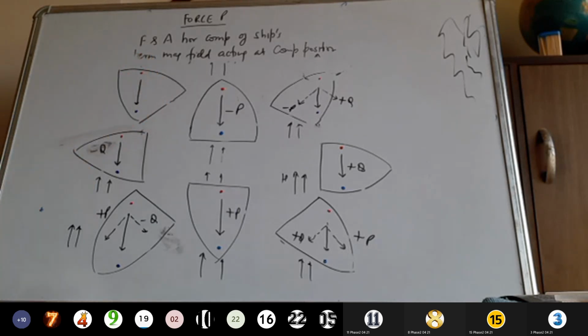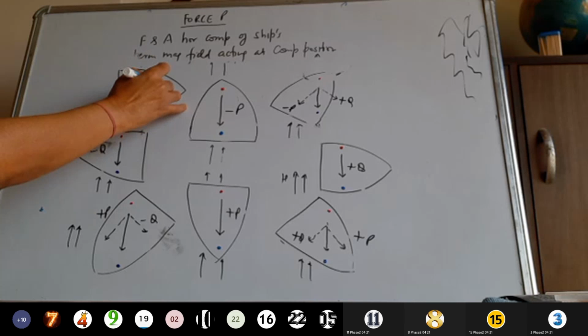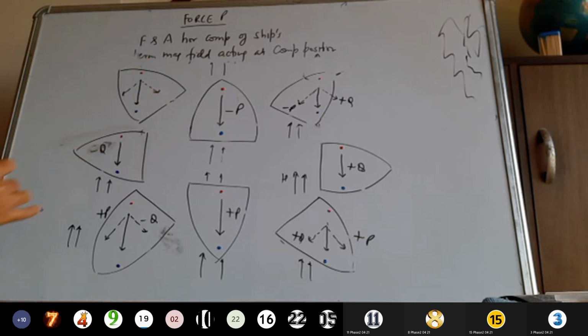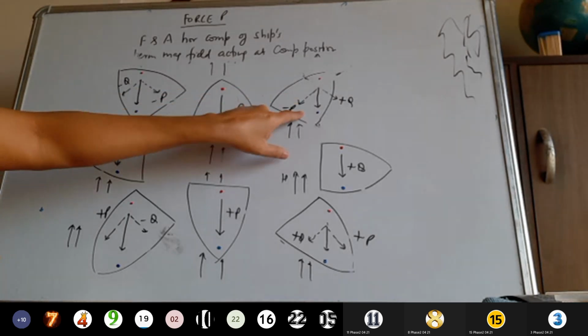If I take the 4.5 component and a third ship component of this force, the 4.5 component obviously is going towards aft, and the third ship component is coming towards port. This vessel will have minus P, and also minus Q. Is it clear? You can see here, this is minus P, and also minus Q.